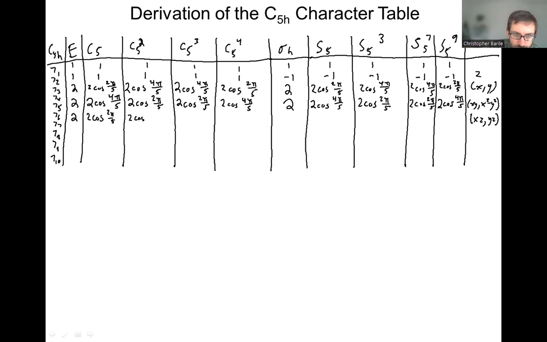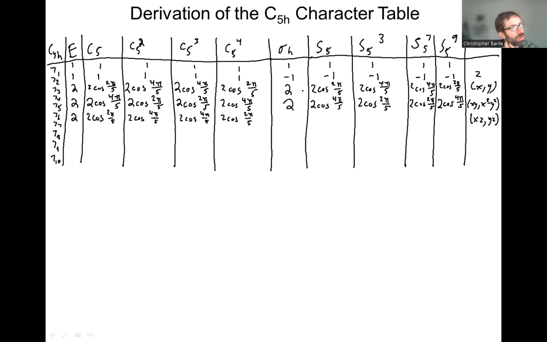So we just copy these ones for our third gamma, gamma 3 here, that had xy. And same thing with C5h and C5h, just copying them through: 2 cosine 4 pi over 5, 2 cosine 2 pi over 5.